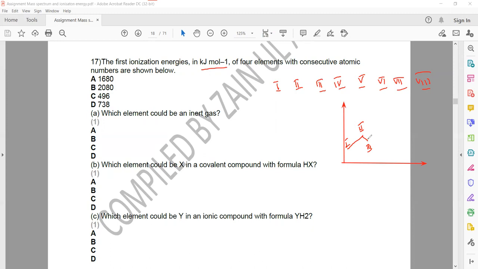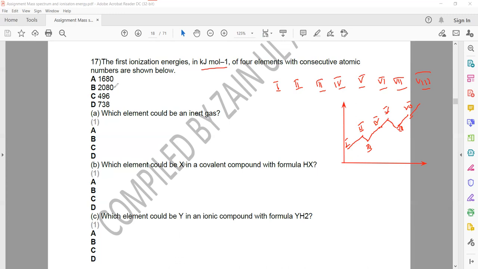Why? Because the subshell changes. Then group 4, 5 will be there, and then group 6. Why is group 6 smaller? Because there is a pair of electrons, then group 7, and then the peak will be there for group 8.